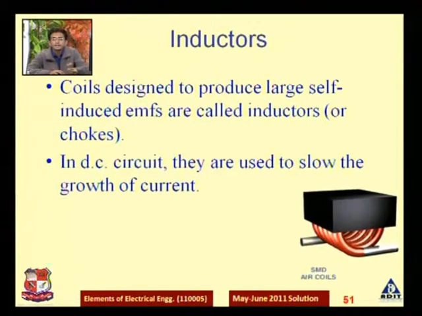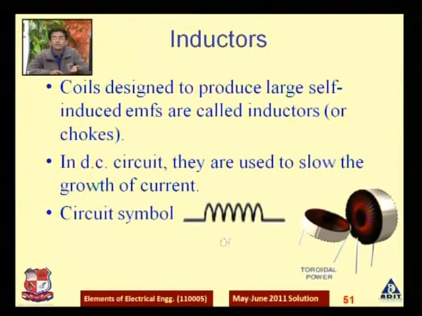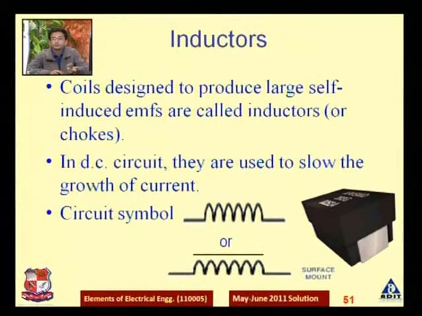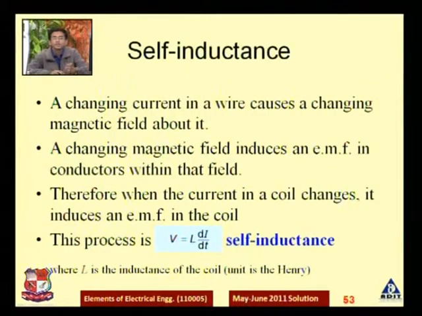In a DC circuit, inductors are used to slow down the growth of the current. The circuit symbol of an inductor is like this. The property whereby an EMF is induced as a result of change in the magnetic flux is known as the inductance of an inductor. So a changing current in a wire will cause a changing magnetic field.